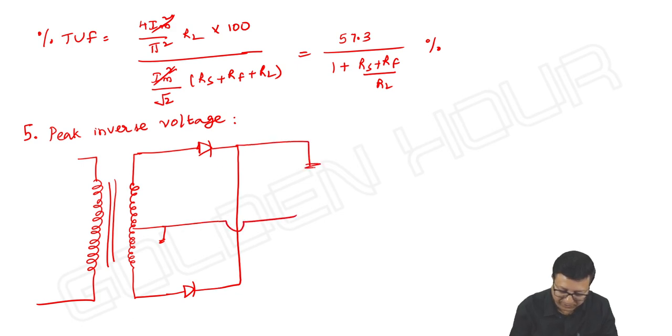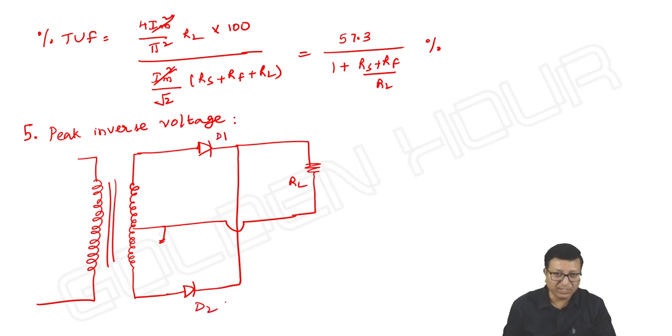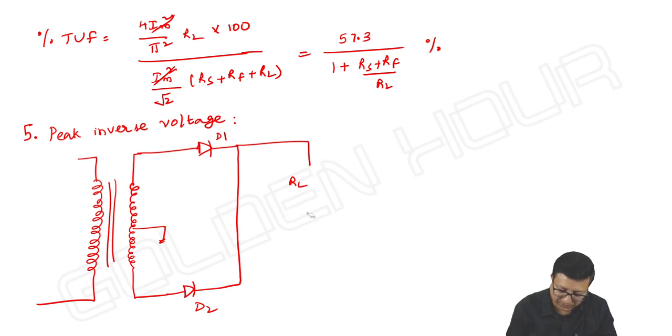This is our full wave rectifier. Right here, we have seen what happens in positive cycles and negative cycles. Now, I'm just taking a particular loop. I'm erasing all this and just considering only this loop.